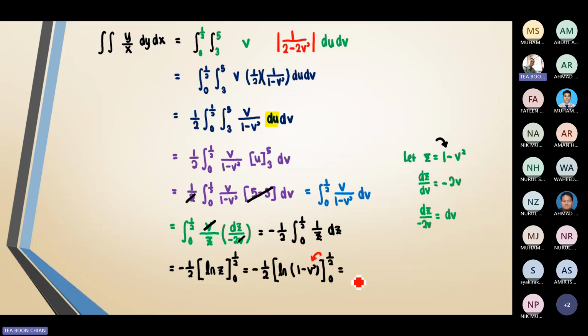Substituting half into it, giving you negative 1 over 2, open a big bracket, ln in the bracket 1 minus v squared is 1 over 4, minus ln, substitute lower limit into it, 1 minus v squared is actually ln 1.